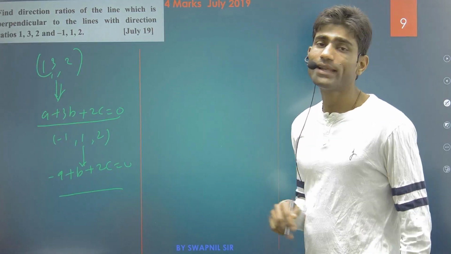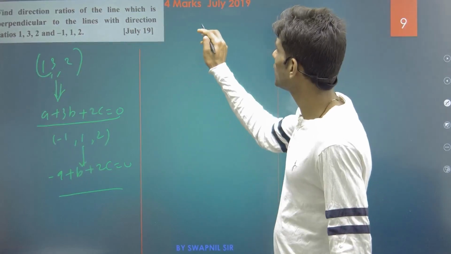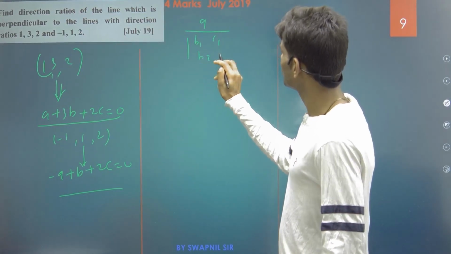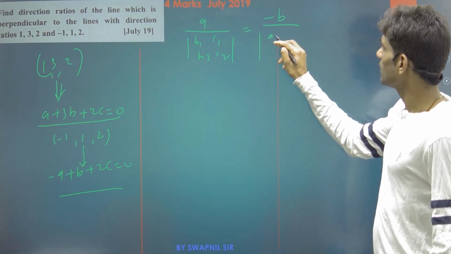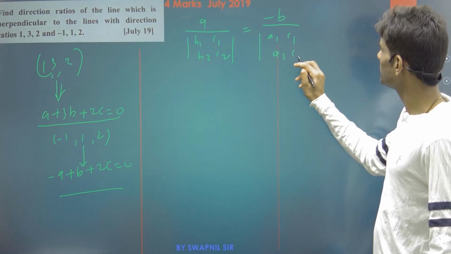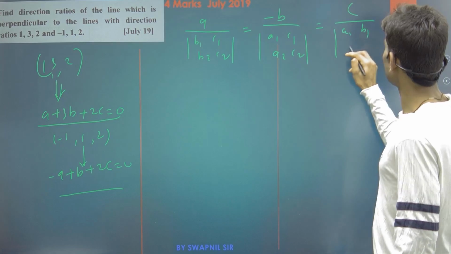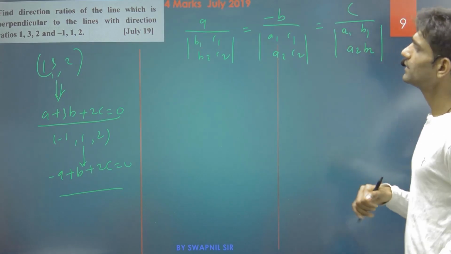For finding the direction ratios, we know that we can write A upon the determinant of B1 C1, B2 C2. Similarly, minus B upon the determinant of A1 C1, A2 C2, and C upon the determinant of A1 B1, A2 B2. All these three are our direction ratios.